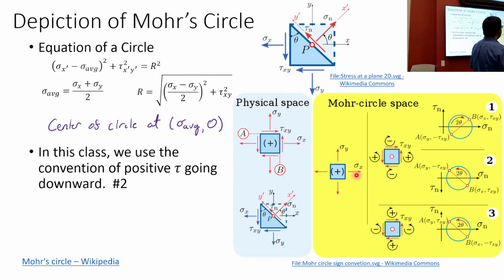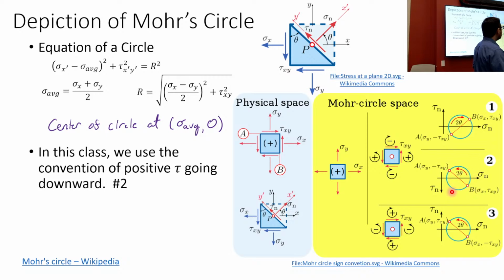Then, if you come over here, we're saying that this is positive. In this convention number 3, that would be a negative stress. So we agreed on this as being positive, then we also agree that this right one is positive. And then we come over here and we have a choice. Do we do tau positive going up or tau positive going down? And we made that choice too. We say tau is going to be positive going down.